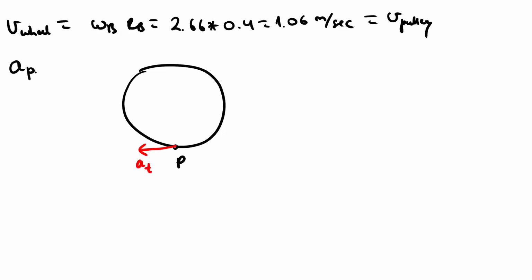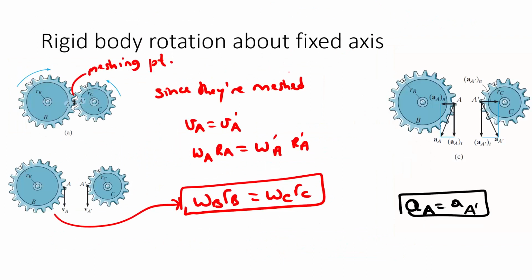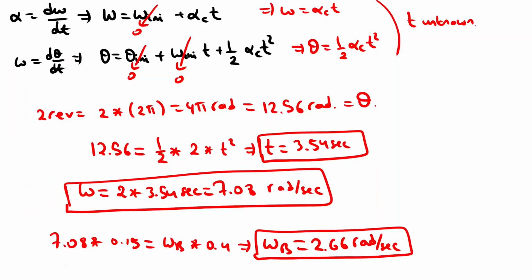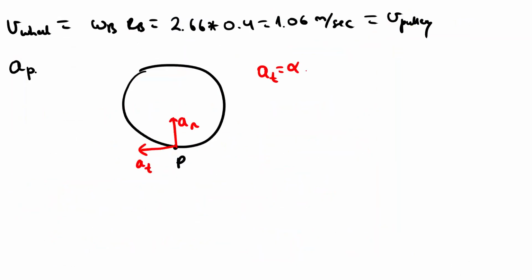This will be the tangential acceleration, and this will be the normal acceleration. The tangential acceleration, let me go back to the formula, is alpha into r. The normal acceleration is omega squared into r.